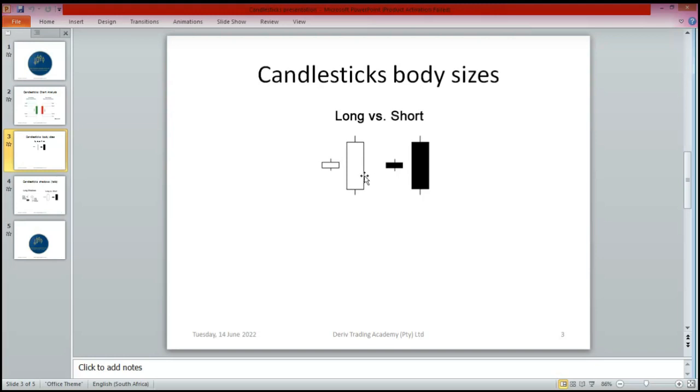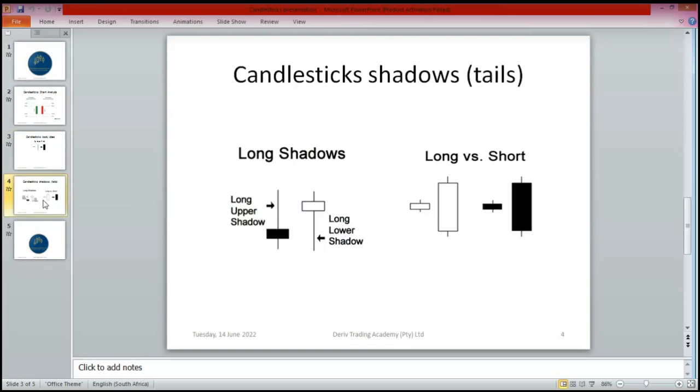Now let us go to our probable last slide for this session. Here we are: the candlestick shadows.